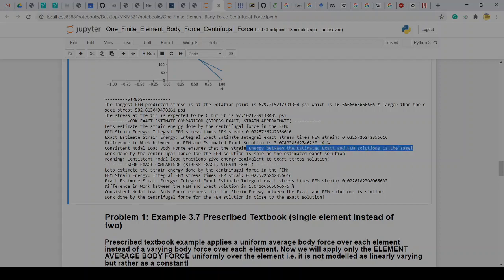Those are exactly the same, and that's important to understand. This is the benefit of consistent node loads: the strain energies are very relatable to the analytical, expected solid mechanics solution.